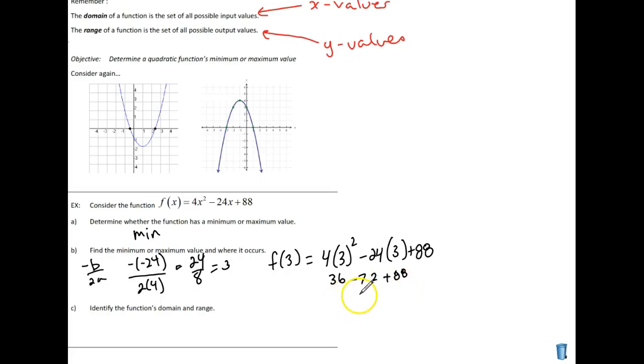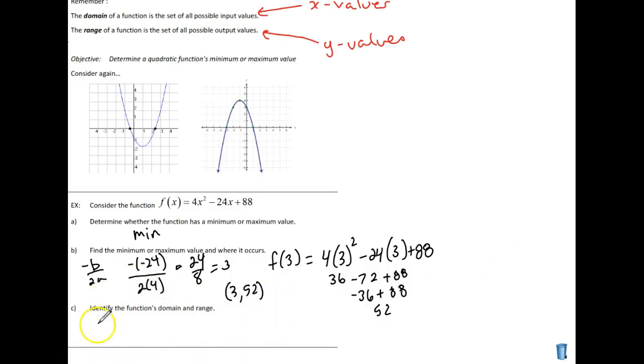So 36 minus 72 is -36, plus 88 gives me 52. So my minimum point, that smallest point, happens at (3, 52).